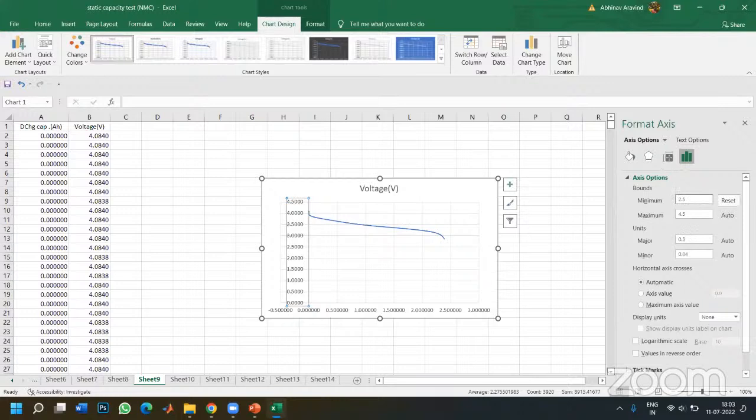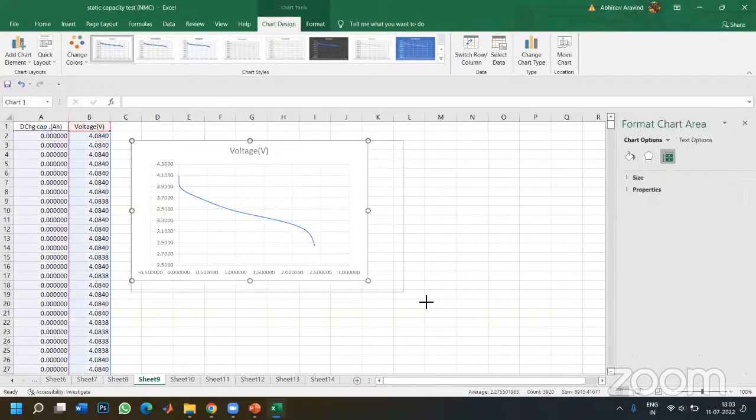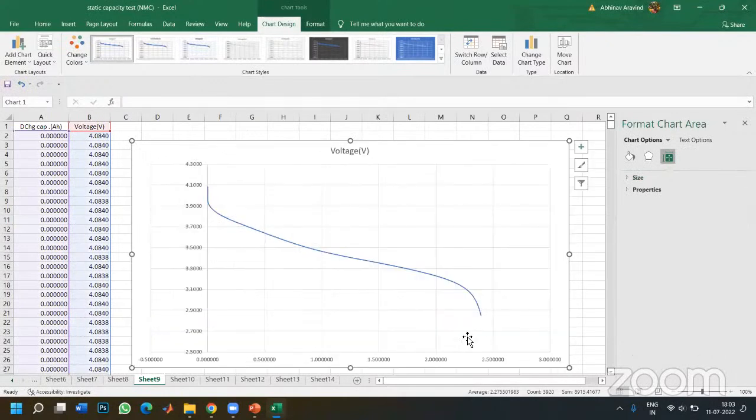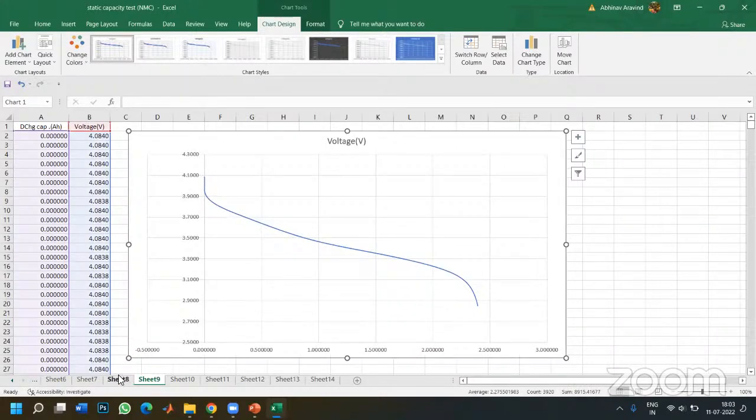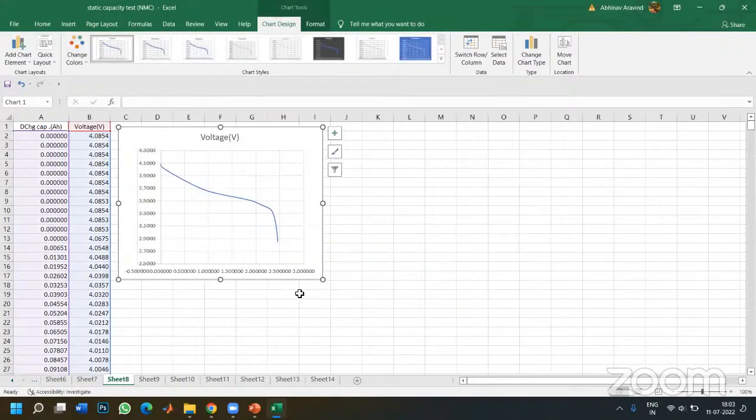You can just change your x and y-axis limits. Now if you compare the previous graph, at sheet 8, to this graph, at sheet 9.